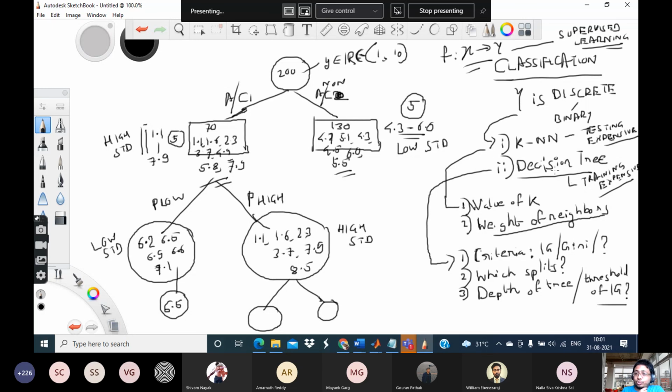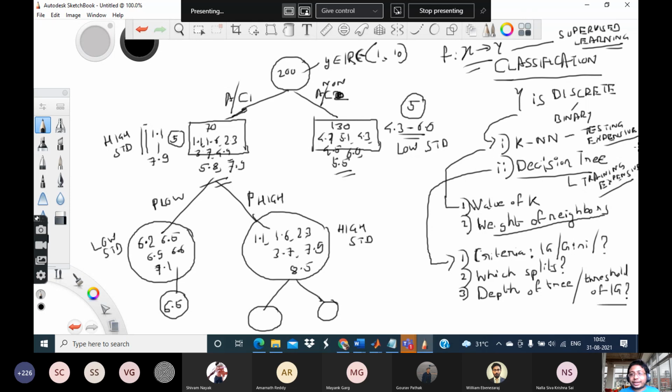The exact reverse is true in case of decision tree. The training is expensive, but the testing is really quick. So k-nearest neighbor and decision tree, in a sense, are complements of each other. The strength of one is the weakness of the other, and so on.